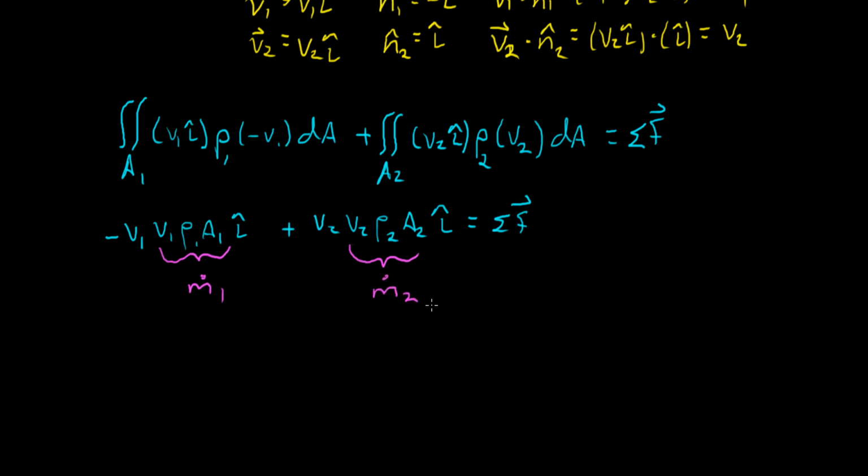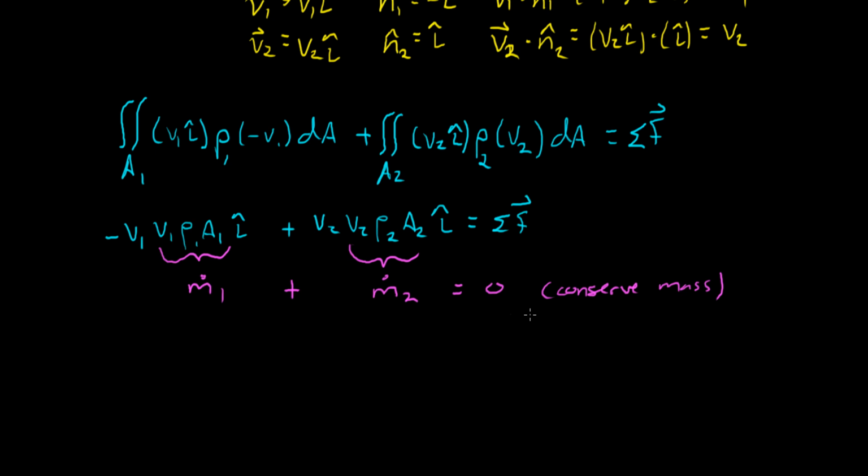Oftentimes, when you're working in a momentum problem, you're going to discover that you don't have everything you need until you apply a second law. One of the laws we could apply is the conservation of mass, which says m dot 1 plus m dot 2 has to equal 0, in other words, we've conserved mass. That's a second law.